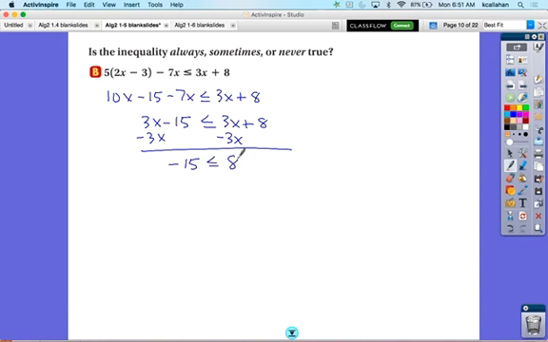Again, an inequality without a variable, so it's either always true or never true. Is negative 15 less than or equal to 8? The answer is yes. Since that's true, this is always true. So the solution is all real numbers.